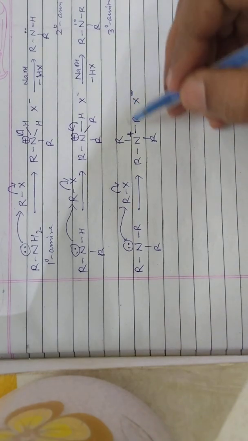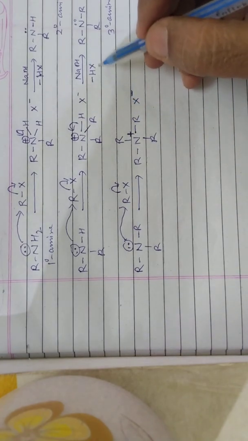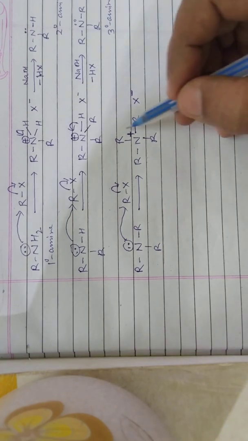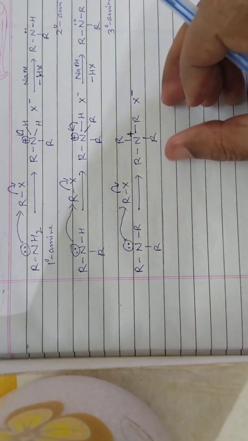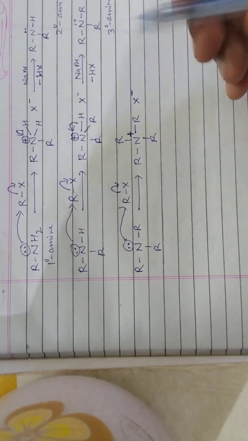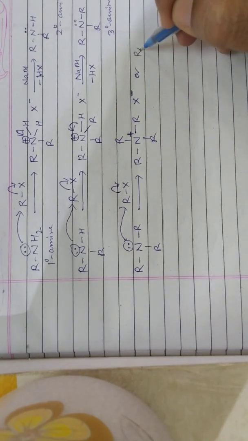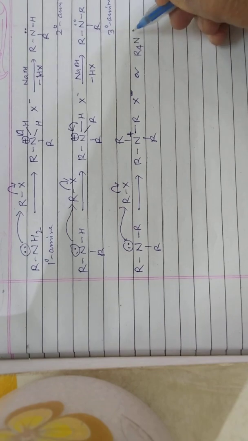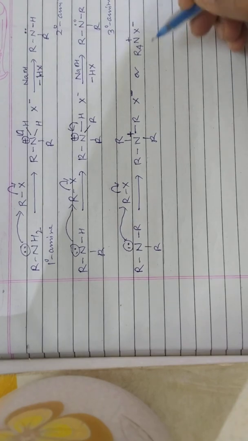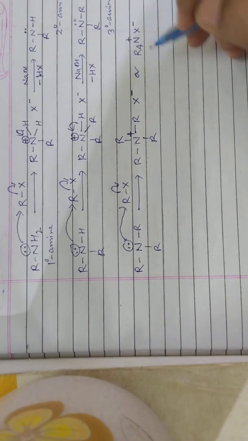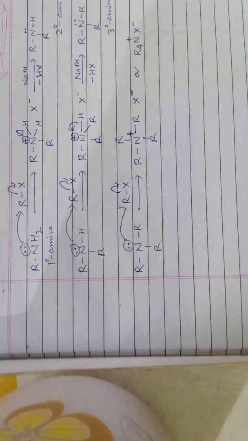Now further, if we treat with NaOH, no removal of HX takes place because no H is there. So the reaction will stop here, and finally we will get R4N positive X negative. This is a quaternary ammonium salt.